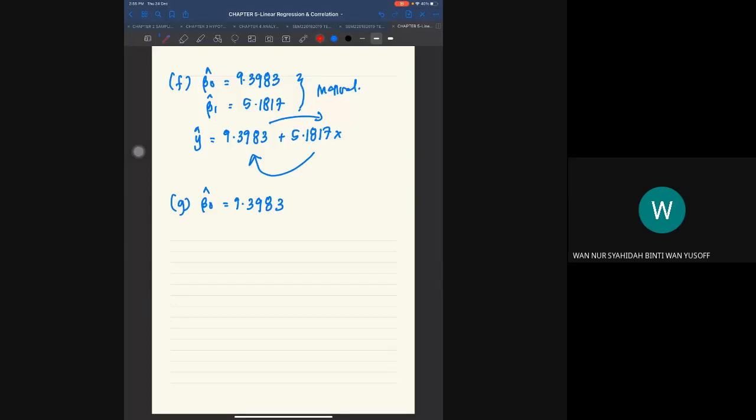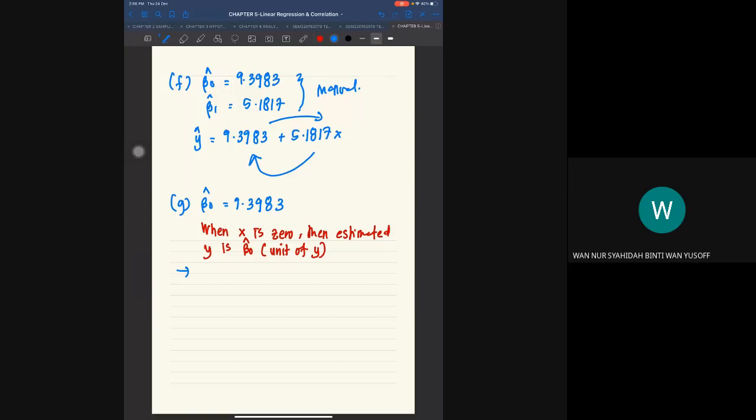In general, when x is 0, then the estimated y is the value of beta naught cap with the unit of y, if it exists in your data set. If not, then no need to write the unit. So this is in general, so we have to write based on our question.